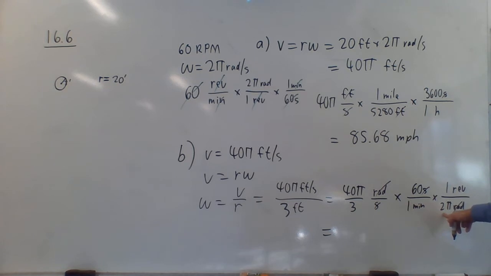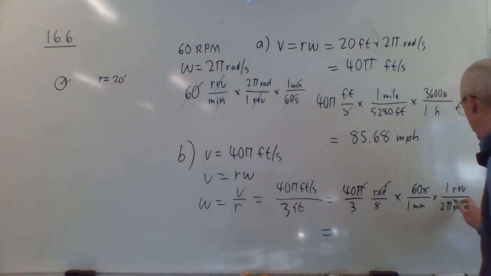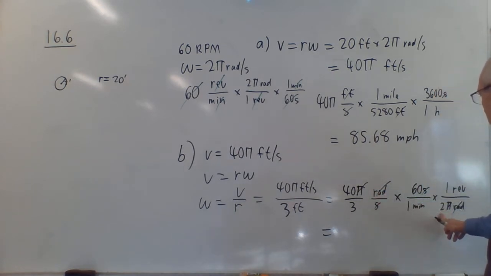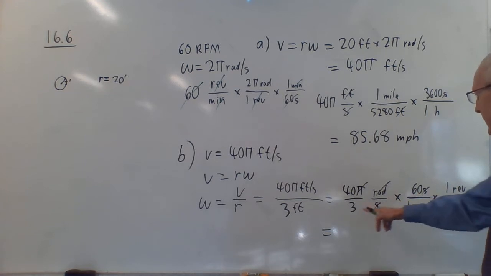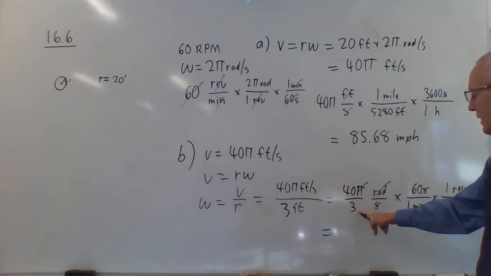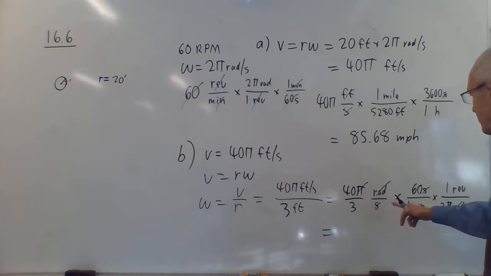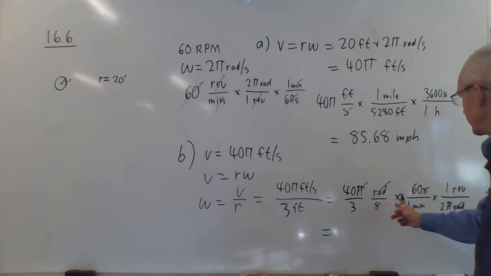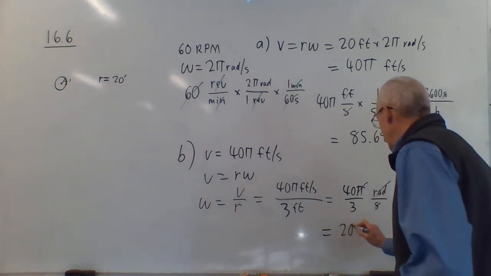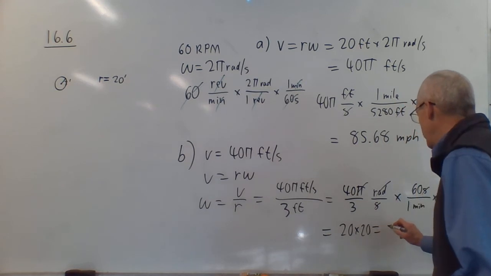Whoa, we could do this in our heads. 40 pi divided by 2 pi, the pi's cancel, 40 divided by 2 is 20. 60 divided by 3 is 20. So that's 20 times 20, which is 400.